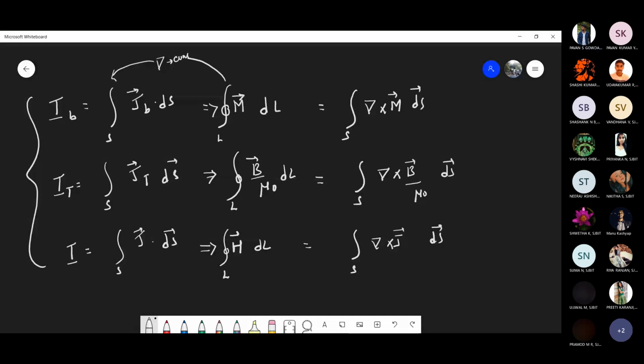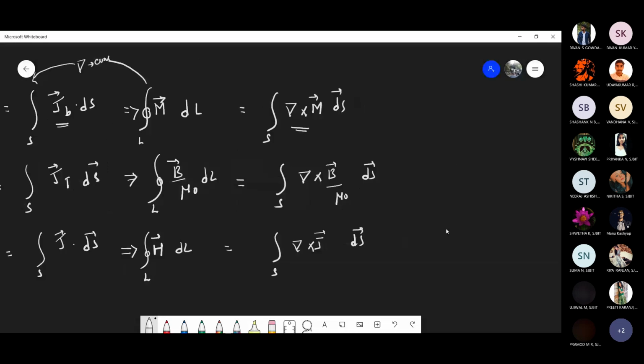Okay, so now equate these terms. What is curl of M equal to? Can I write curl of M is equal to J_B now? Equating the components of the surface integral, curl of magnetization is equal to the bound current density J_B.